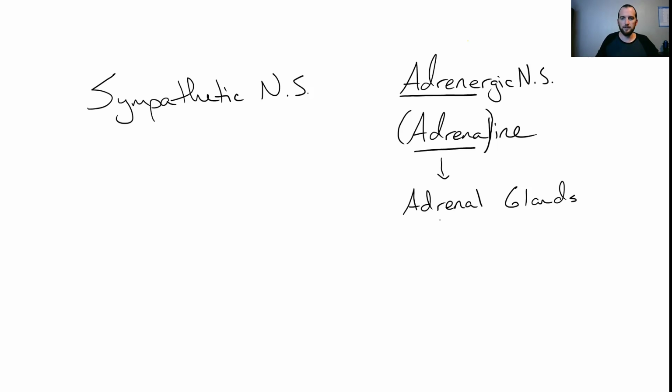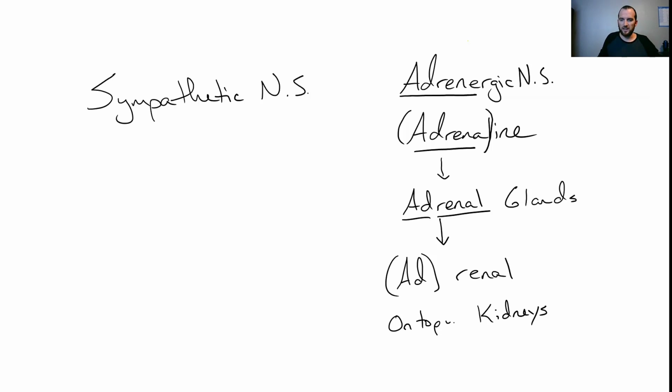Now, adrenal, if we separated that, we'd have ad and renal. Renal really references the kidneys, and ad is really on top of, outside of a little bit. So adrenal literally means on top of the kidneys.